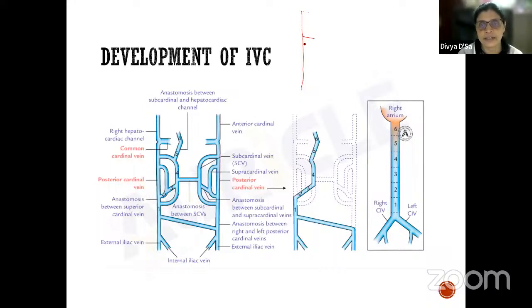Right anterior cardinal vein and right posterior cardinal vein joining to form the common cardinal vein. So this is how it is.